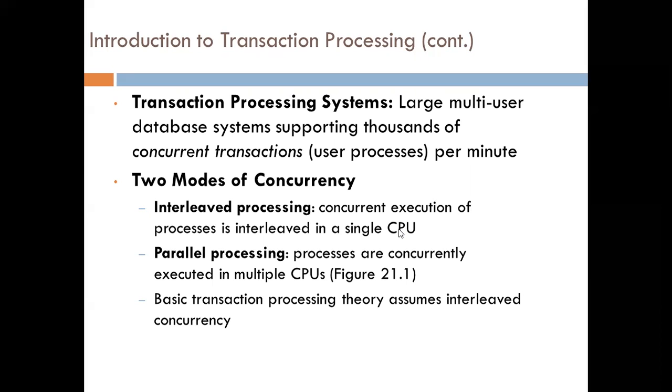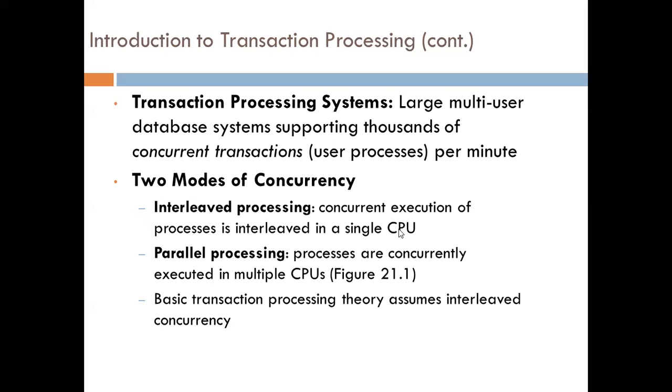We have two modes of concurrency, meaning processes executing at the same time: interleaved processing and parallel processing. In interleaved processing, the concurrent execution of processes is interleaved on a single CPU, which means there will be a single core in the CPU, and the first transaction will execute, and after a certain time the second transaction. There will be a cycle, maybe in a round robin fashion, in which the transactions are executed.